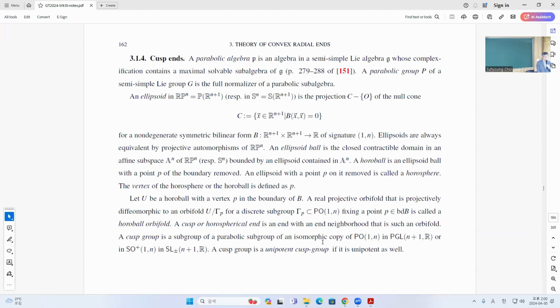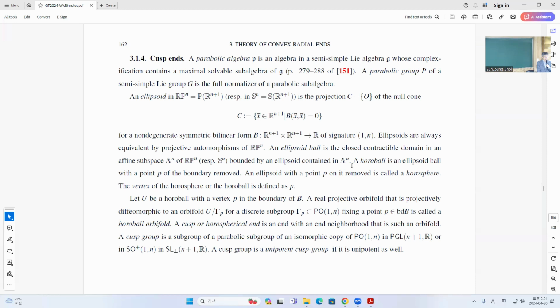So the cusp case is easy to understand. In this case, you look at an ellipsoid in RPN, which is the projection of the null cone of a non-degenerate symmetric bilinear form of signature (1,n). The ellipsoid ball is a contractible domain inside, bounded by this ellipsoid.